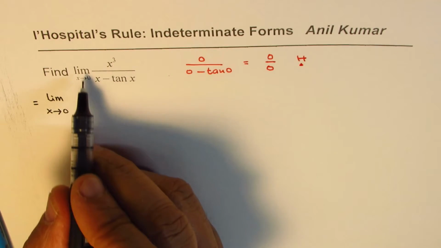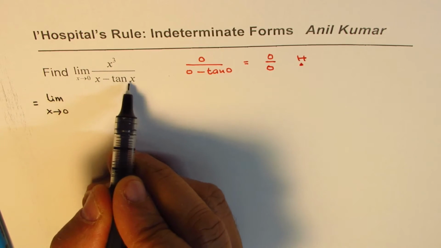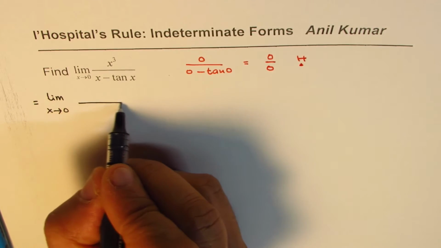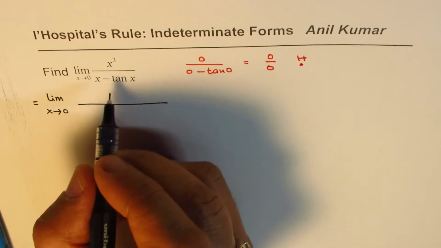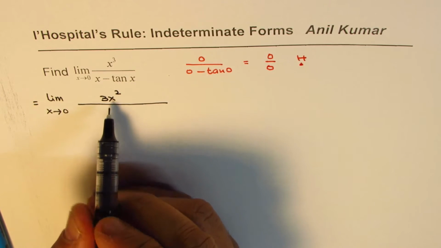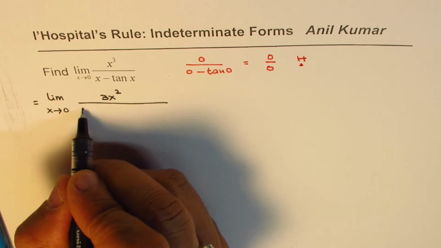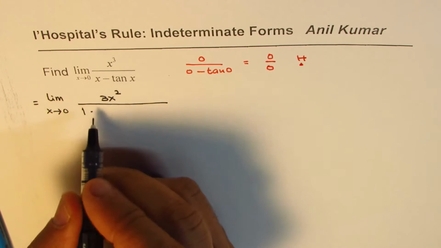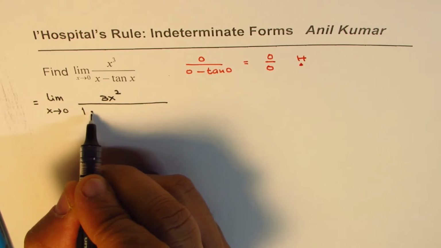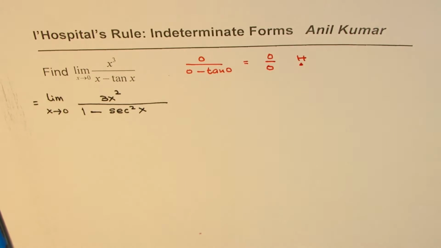So we can write this limit as x approaches 0 of x cubed divided by x minus tan x as the quotient of the derivative of x cubed, which is 3x squared, divided by the derivative of x minus tan x. Derivative of x is 1. Tan x derivative is secant square x. So we get minus secant square x, right?